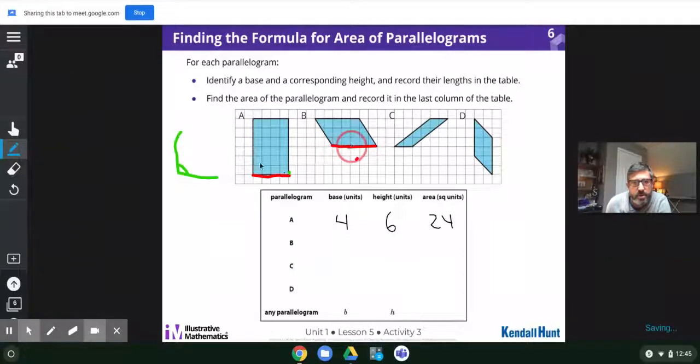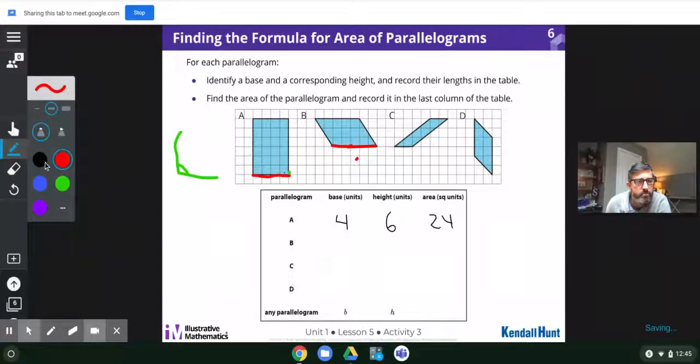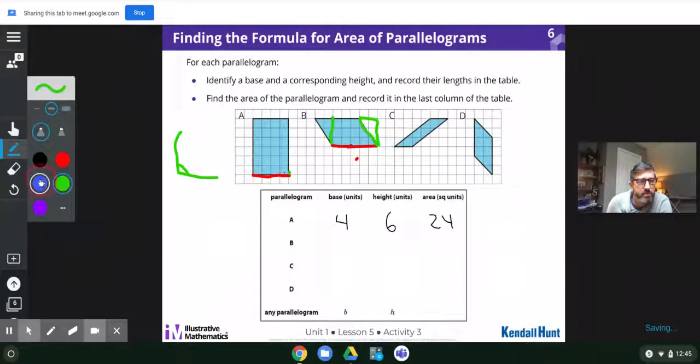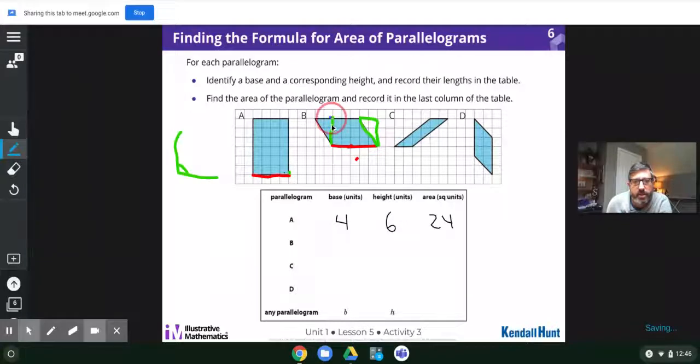Go back to our base. And then cut this out again. And then we can move this triangle over here. So that gives us a nice, simple rectangle that you see in blue that we can now find the area of.